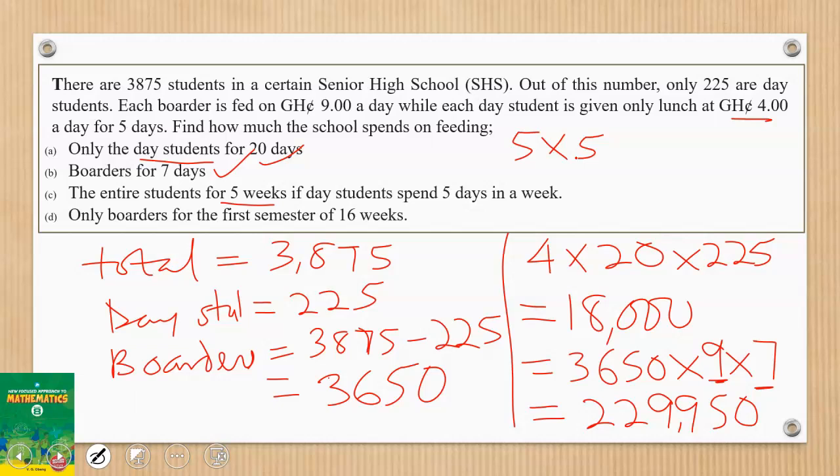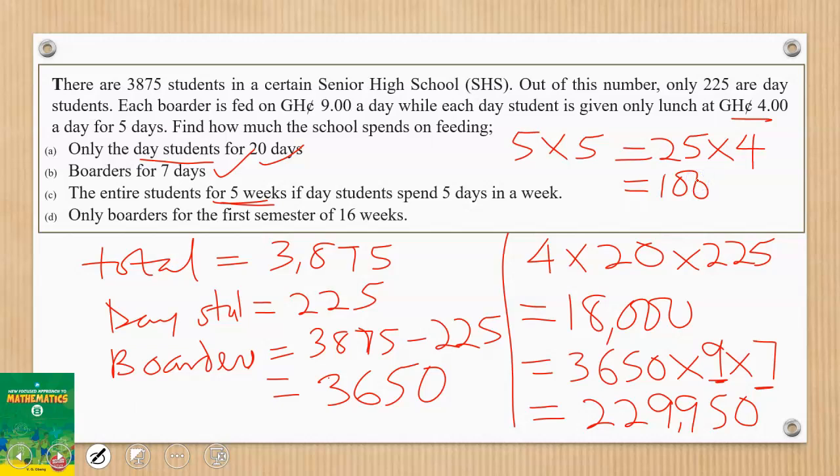So 5 days in a week times 5 will give us 25. That means for the day students, they are going to have 25 days. Since we are having 5 weeks, it will be 25 days times 4 cedis. So how much would that be? That will give us 100.